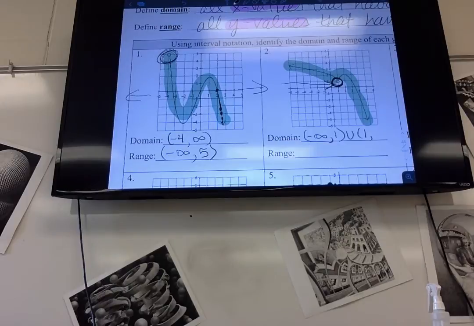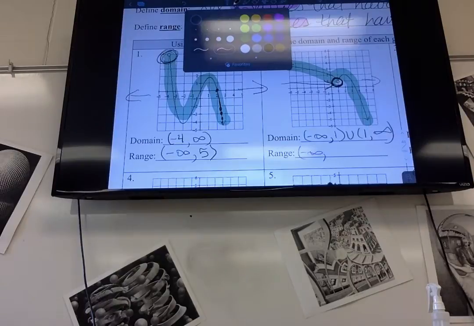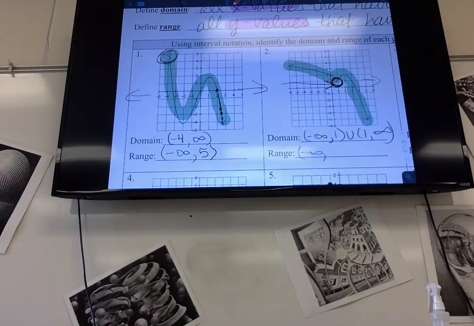And now, when I keep going to the right, how far does it go? It does go to infinity, yes. Okay, so the range, bottom to top. The lowest is what? -infinity. And then we see again, like we had earlier, an open circle here. This time I'm looking at y, so it's where y is 1.